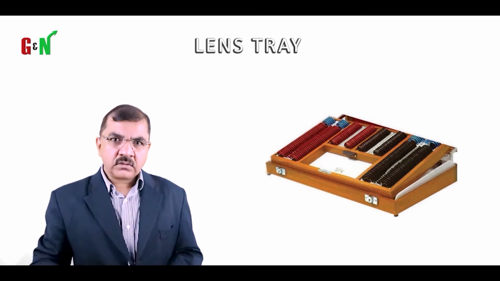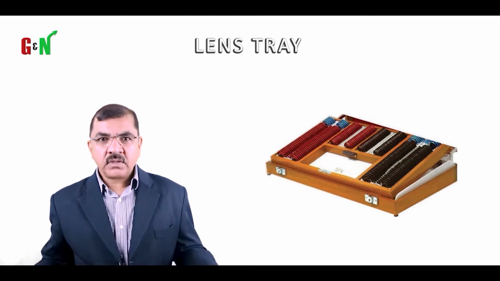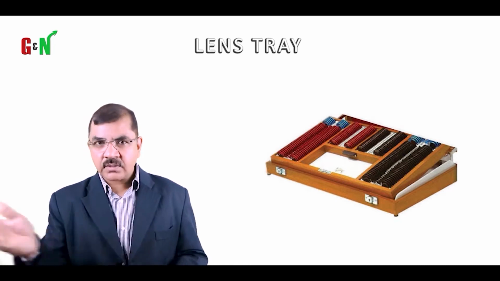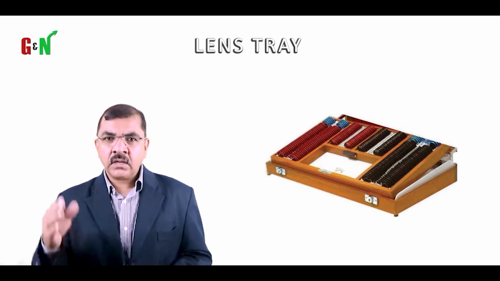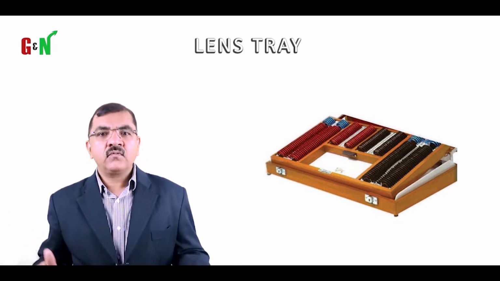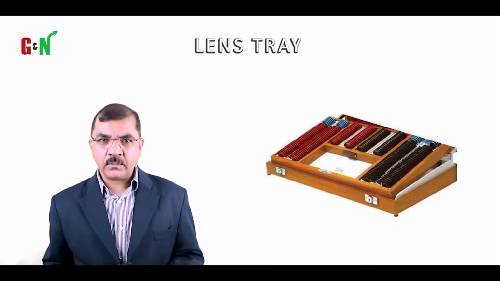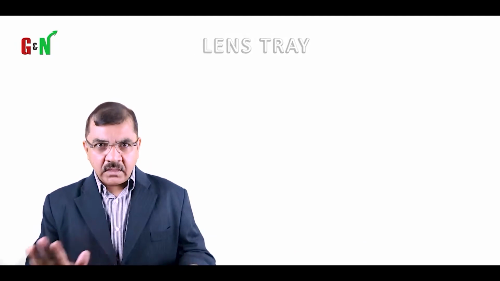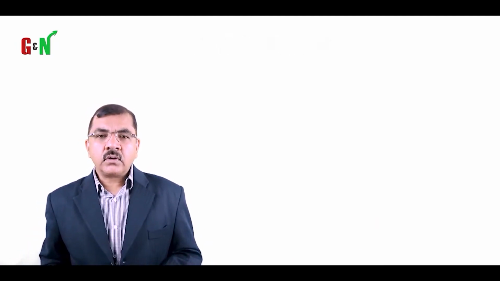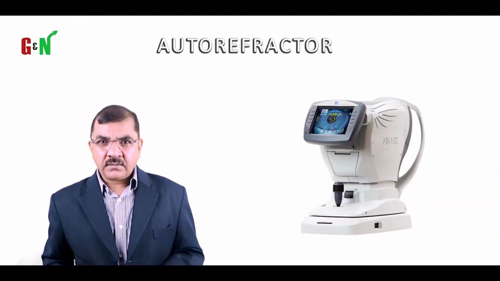Sometimes it's red and black, sometimes it's silver in color. Don't bother about the color. The lens tray is full of plus lenses, minus lenses, and cylindrical power. Period.